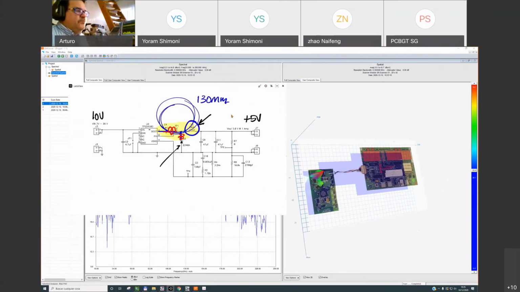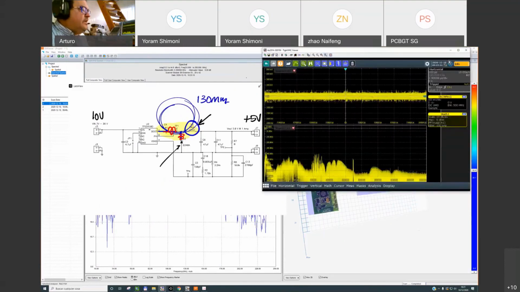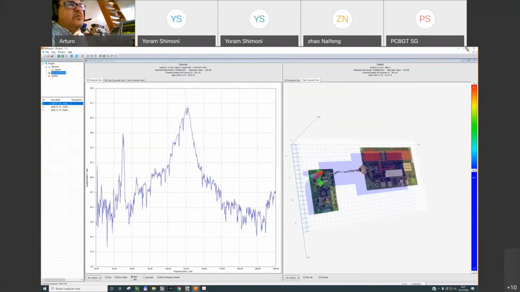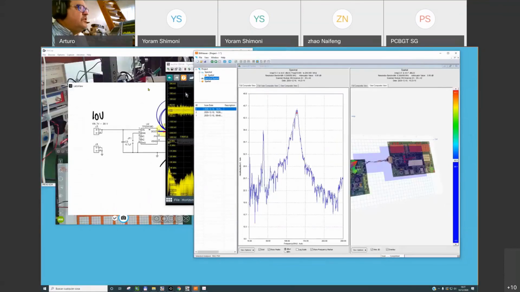If we switch to the spectrum, to the oscilloscope, and we make a reset, let me go to this view.